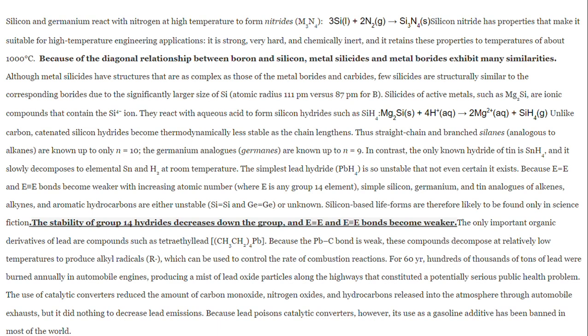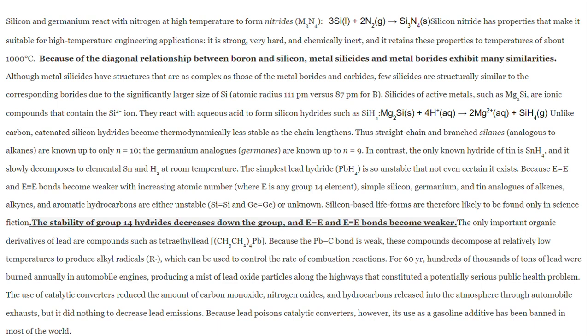The germanium analogues, germanes, are known up to n equal to 9. In contrast, the only known hydride of tin is SnH4, and it slowly decomposes to elemental tin and hydrogen at room temperature.